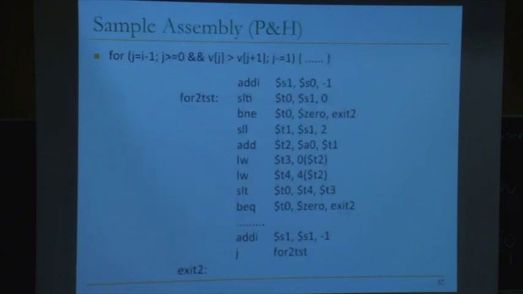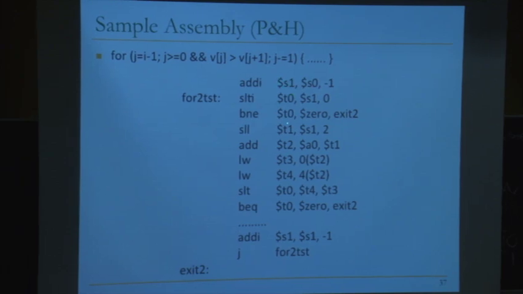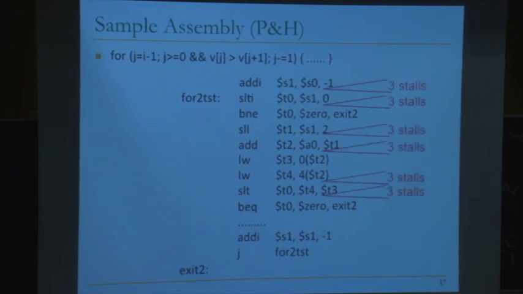So let's take a look at one example, a sample assembly program. This is from your book, actually. But this is a string of instructions that have lots of dependencies. And this implements, believe it or not, this for loop. So if you look at this, you have a lot of dependencies, right?